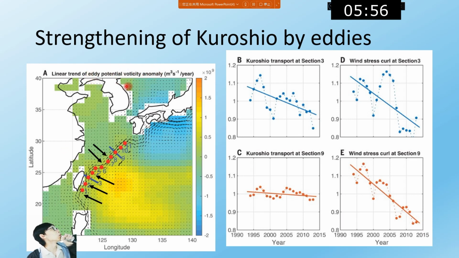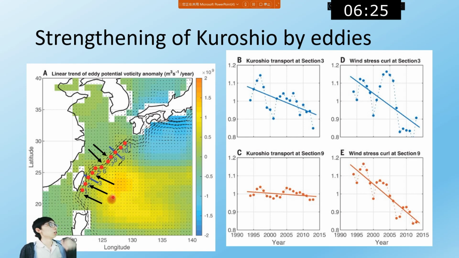The blue one shows negative. Here and here, the regions show the negative PV anomaly. And we can consider this is a cyclonic eddy, and this is the anticyclonic eddy.